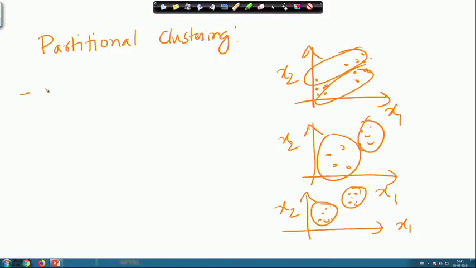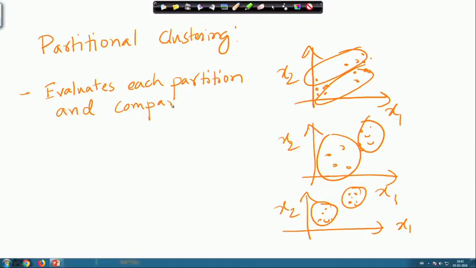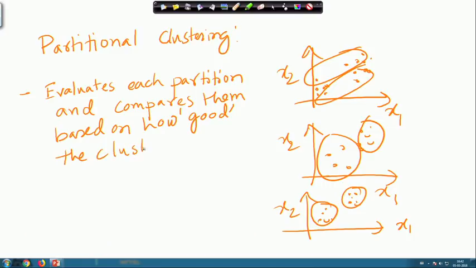It evaluates each partition and compares them based on how good the clustering is.